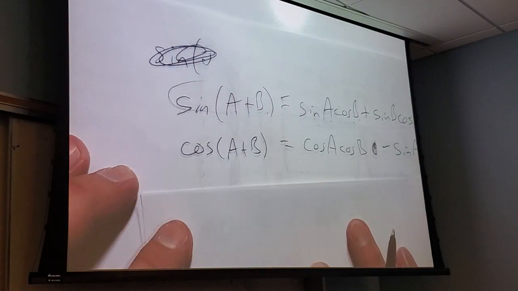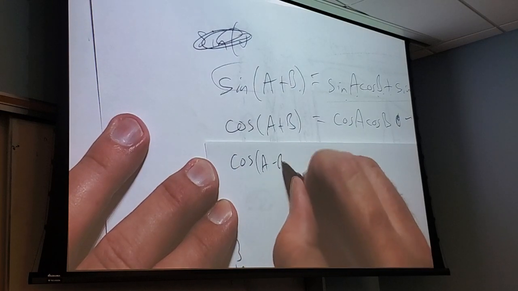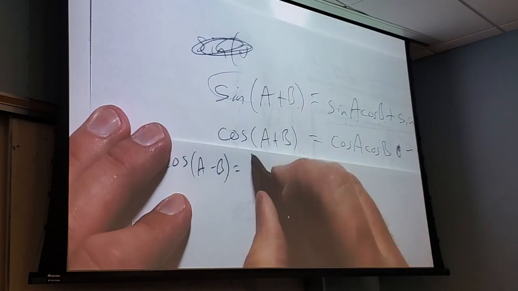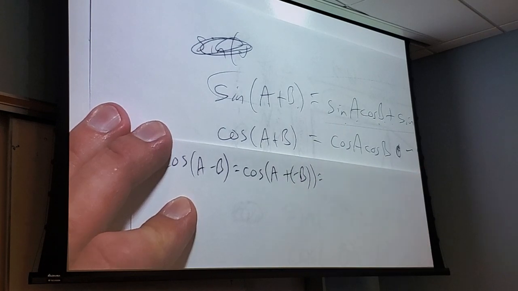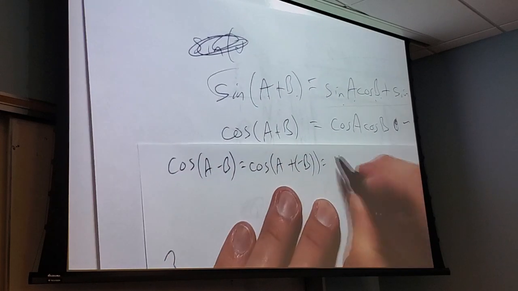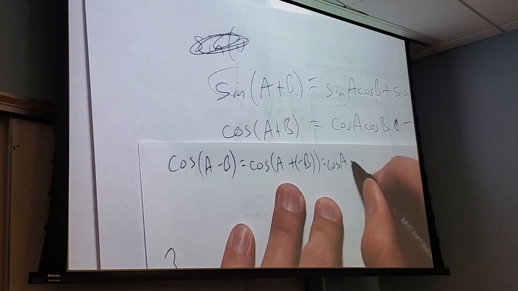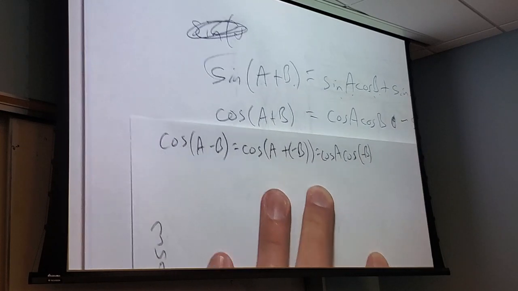All right, let's do the same thing with the cosine. What do you got here, Jeff? Here we go. What's cosine of A minus B, which is cosine of A plus negative B? It'll be cosine A, cosine negative B, is that cool?